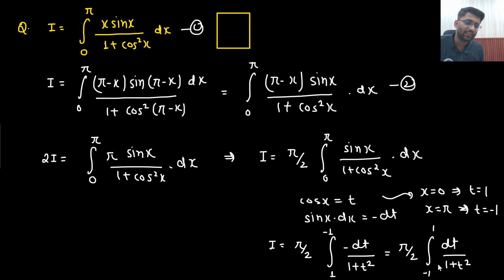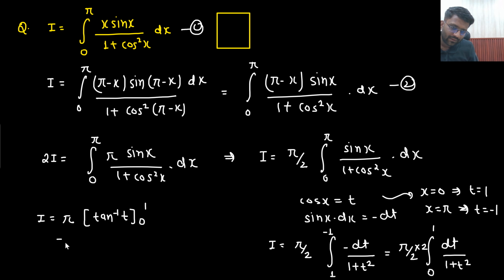Since it is an even function, I can break it down from 0 to 1 and take 2 outside, since minus a to a was there. So what answer am I getting? I equals pi into tan inverse t from 0 to 1, which is pi times tan inverse 1 minus tan inverse 0.